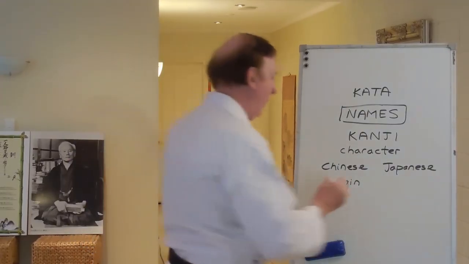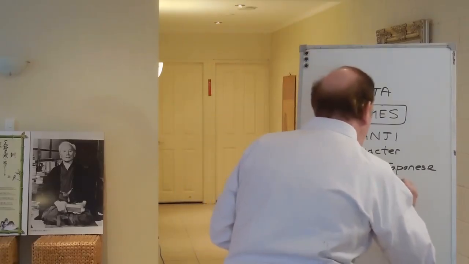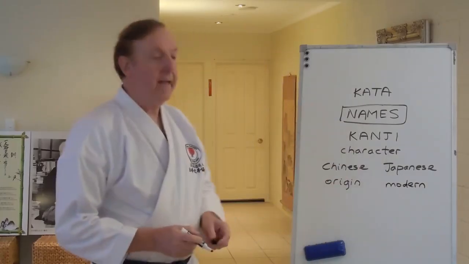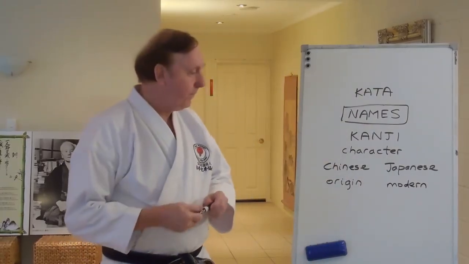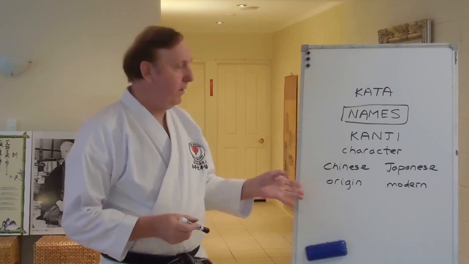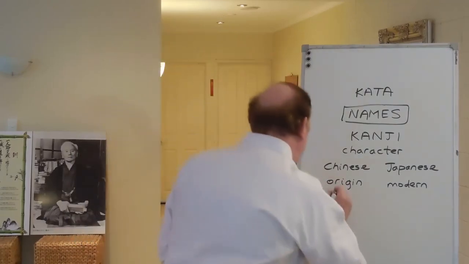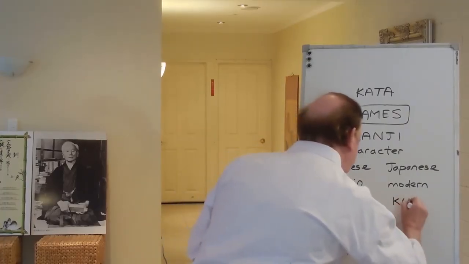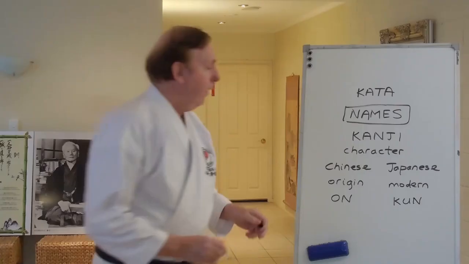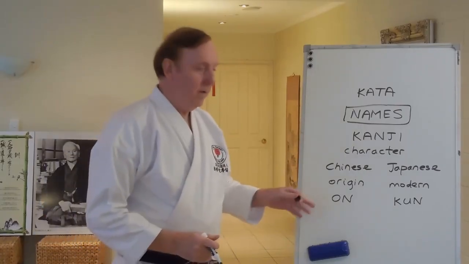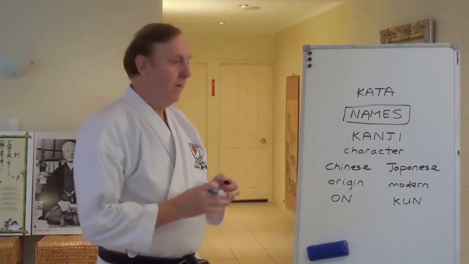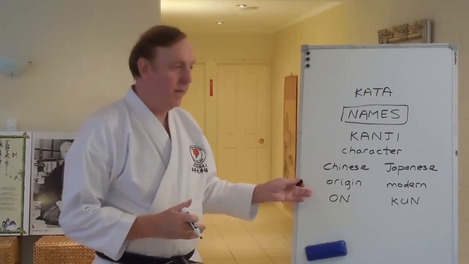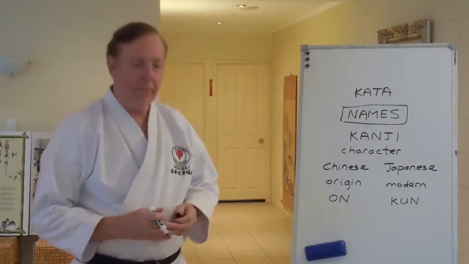So let's say the origin is there, and the modern version of the word in Japanese is there. Now these are usually referred to as on and kun. So the on reading is primarily Chinese, and the kun reading is primarily Japanese.